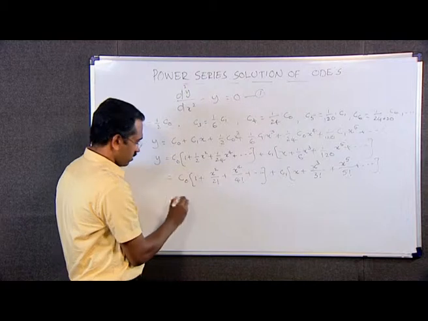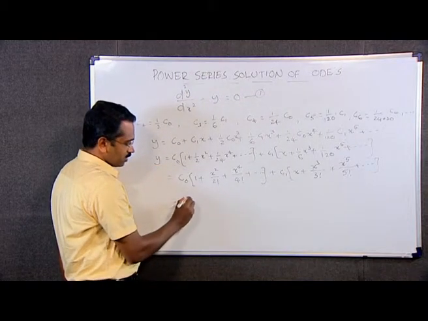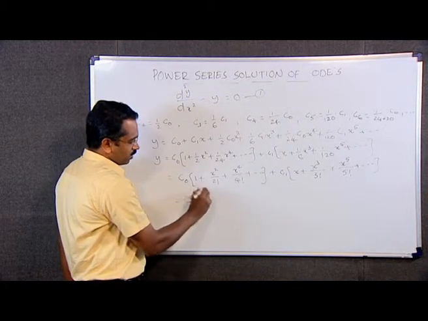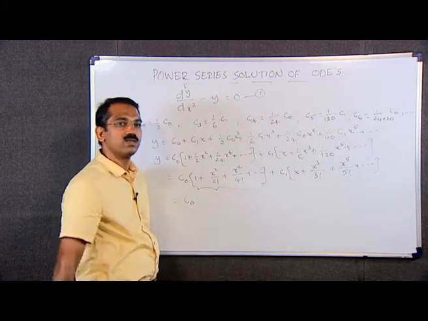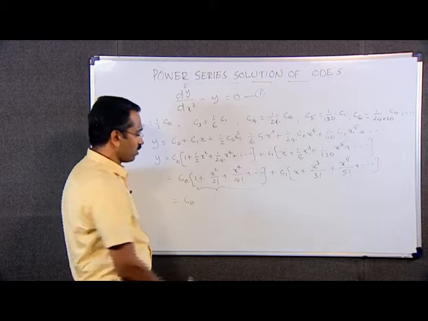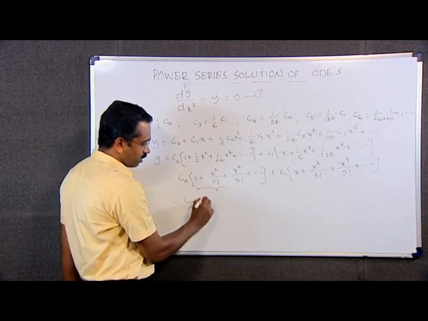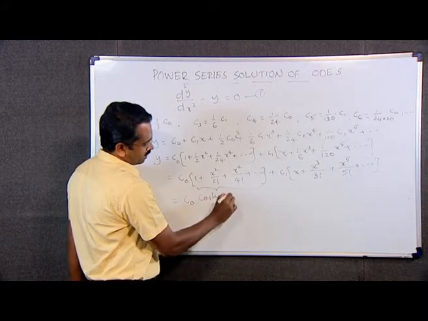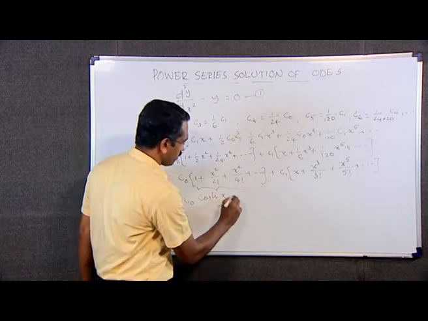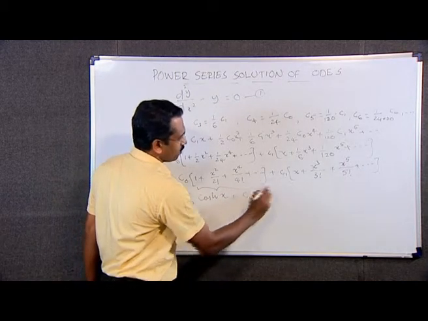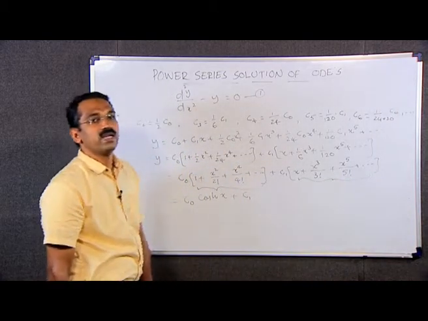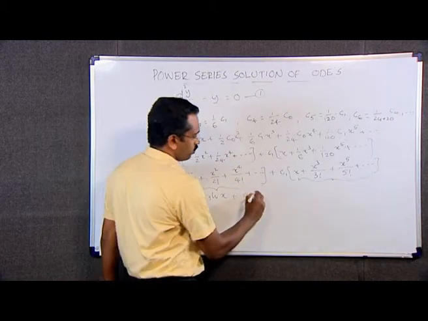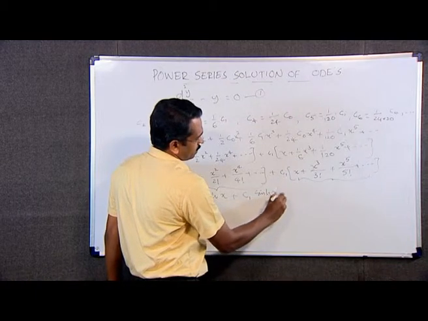That is, this is equal to C naught into this series is the expansion of cos hx, the hyperbolic cosine, plus C1 into this expansion is sin hx.